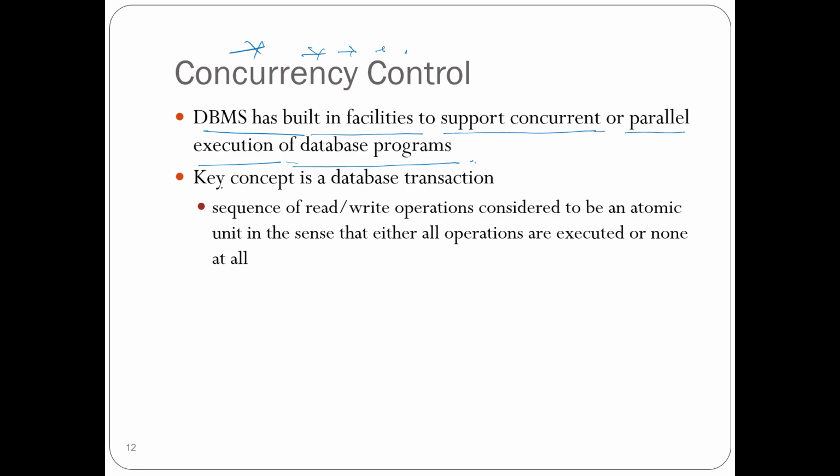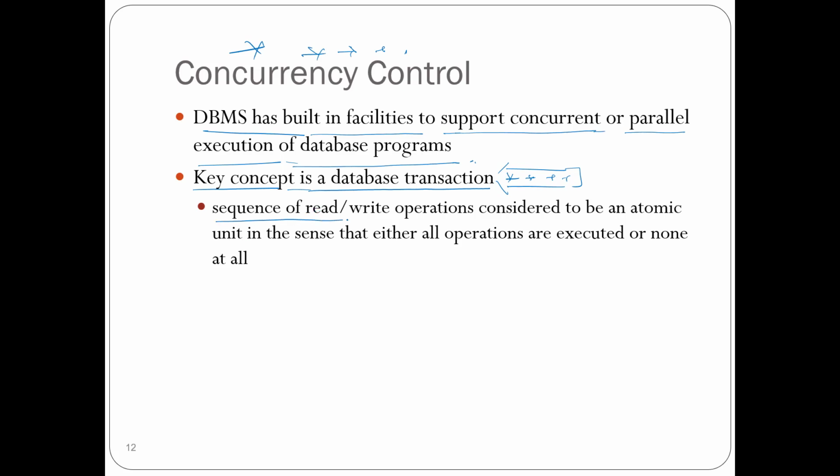Now, the key concept is the database transaction. You can't avoid the database transaction, which is very, very important. But what is it? That definition is coming later. A key concept is the database transaction when we are providing concurrent access to the database by multiple users.